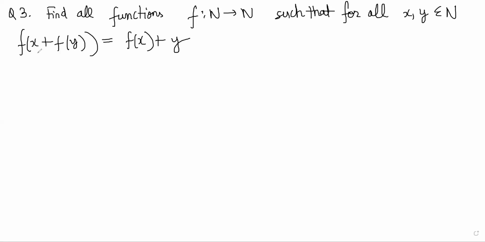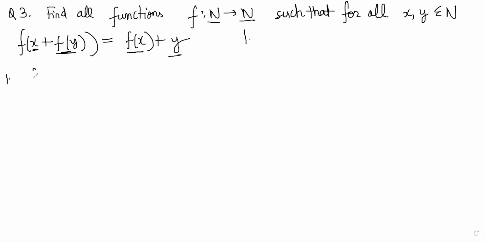Notice one pattern here. Here x and f of y was the input, and now we have output is f of x plus y. So they got interchanged, right? This is our first result. We have to find all possible natural number functions, right? So natural numbers to natural numbers.